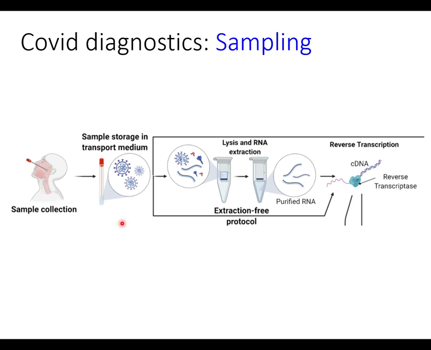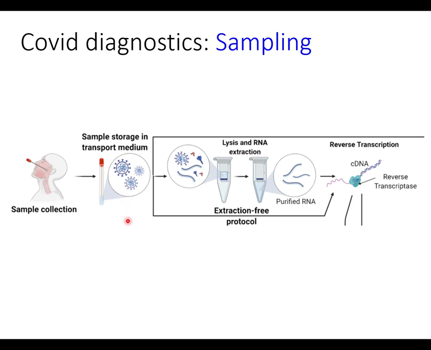And there are a variety of downstream steps available once we've got our sample into a media. One very important thing to think about at this stage is that most medias actually keep the virus particles intact to keep them preserved.